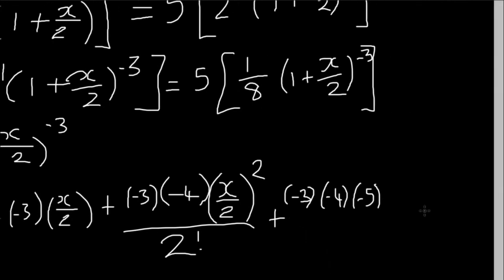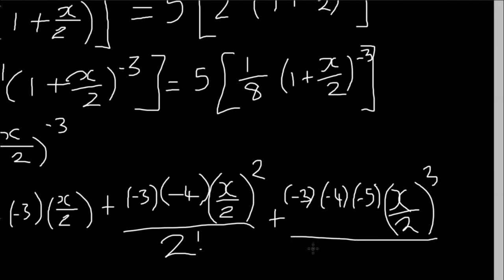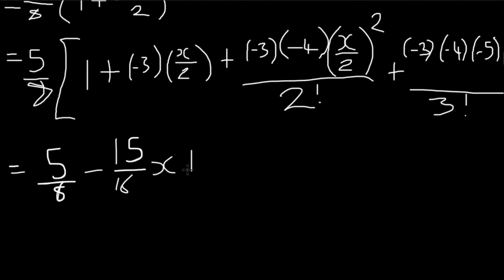So from there, I'll write x over 2 to the power what? To the power 3. And then everything over 3 factorial. Remember, 3 factorial is just the same as. So this is the answer that we're going to get as your final answer.